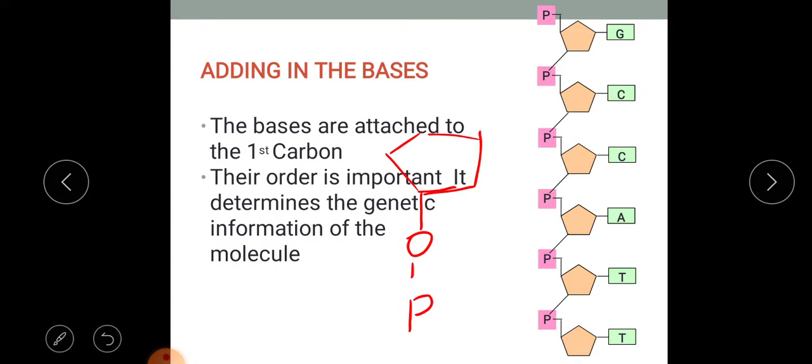Okay, so this is the nitrogen base. Here of course you have the phosphate group, now this is on the C5 carbon. Again this is a nitrogen base.